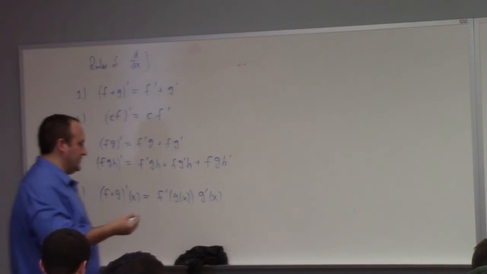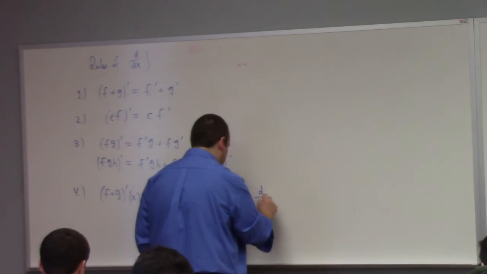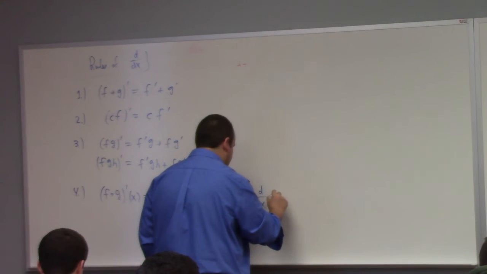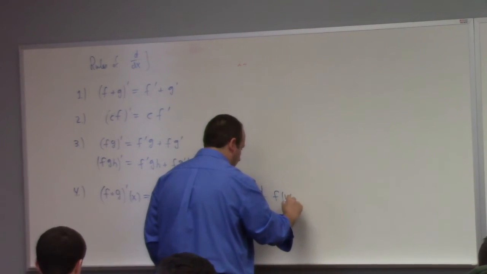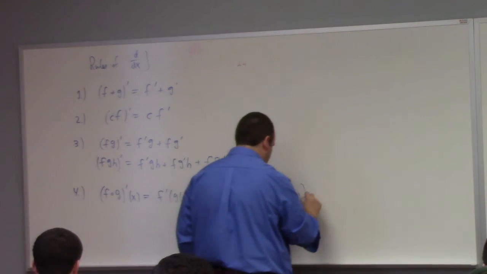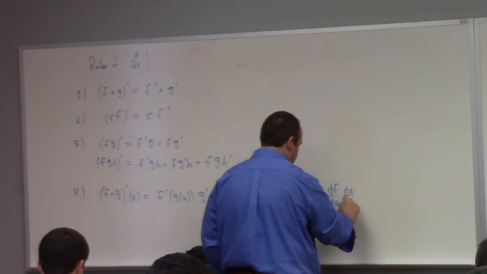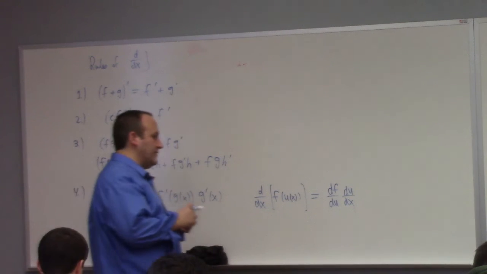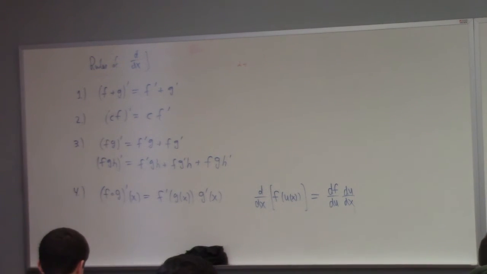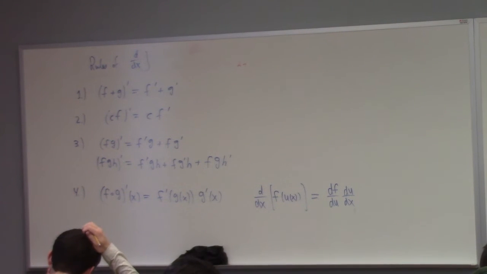The thing that vexes many calculus students. Another way to write this, d/dx of f of u of x is df/du times du/dx. This is another way to write the chain rule, all right? Now, the chain rule is important because it's a lot of what makes implicit differentiation work, right?